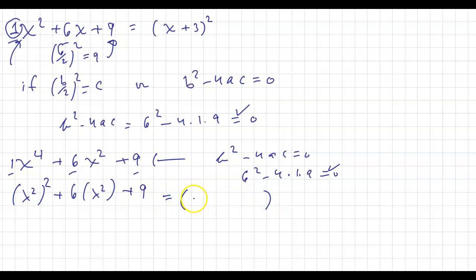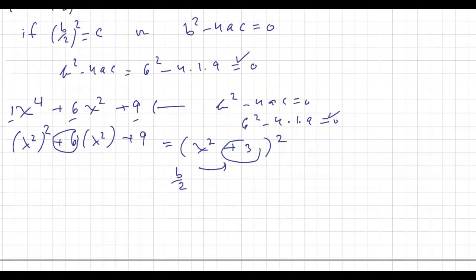And the thing it factors to in this case is x squared plus 3, squared. This number is going to be half, that number is going to be b over 2. Now, most fourth degree equations have an x term in there, or maybe an x cubed term, but at least we have our first thing dealing with quartics.